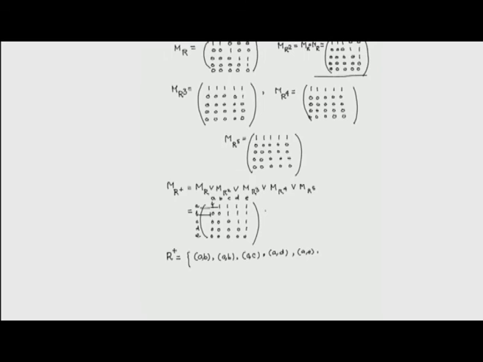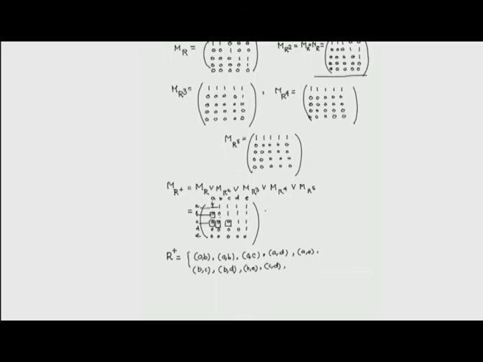We come to the second row where we have B. We see that (b,a), the corresponding entry is 0. So, it is not in the relation, (b,b) is not in the relation, but (b,c) is in the relation. So, we will write (b,c), then we write (b,d), we write (b,e). Then we come to the third row, (c,a) is not in the relation, (c,b) is not in the relation, (c,c) is not in the relation, but it starts from (c,d). (c,d) and (c,e) are in the relation.